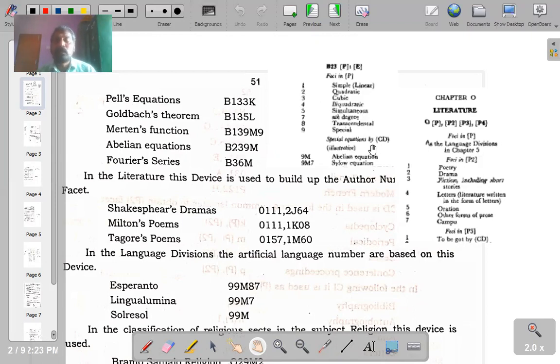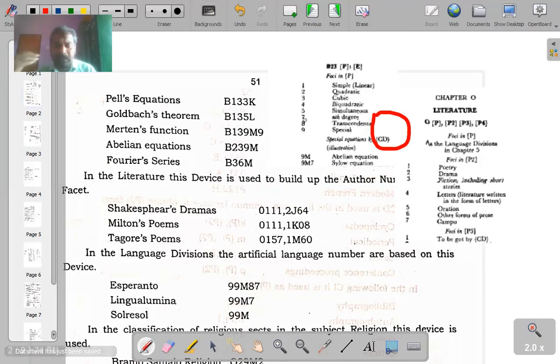That means you can make use of the chronological device. You can make use of time isolates to sharpen this isolate. What is the isolate? B239. That is the number for special equations.